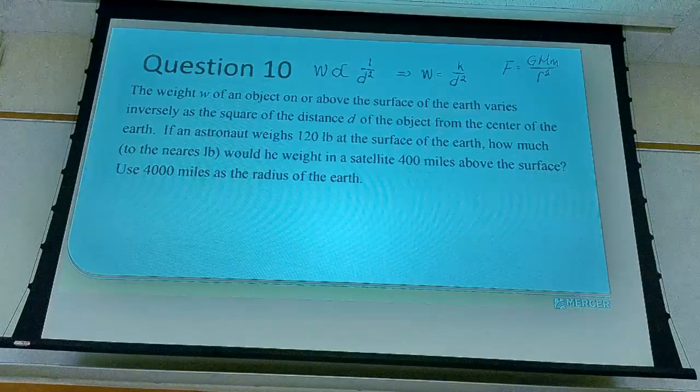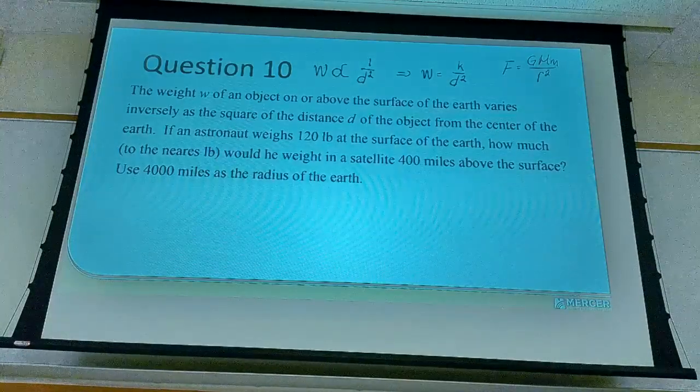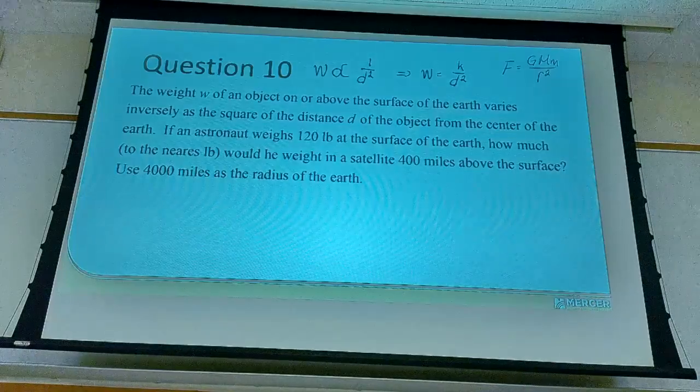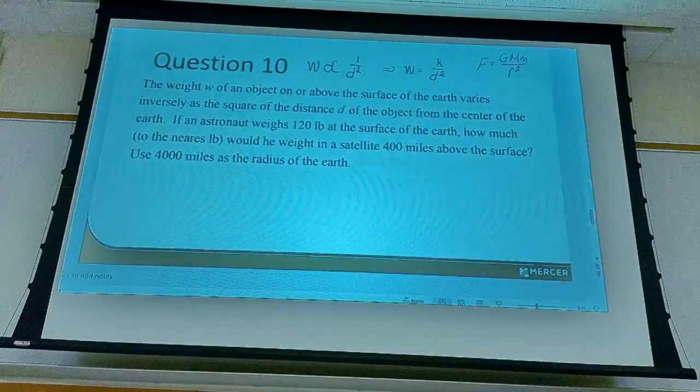An astronaut weighs 120 pounds at the surface of the Earth. To the nearest pound, how much would he weigh in a satellite 400 miles above the Earth?